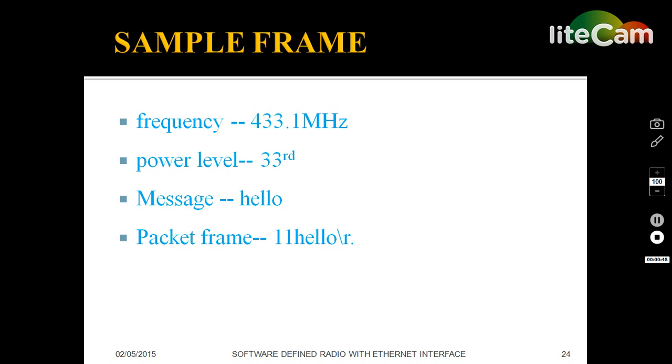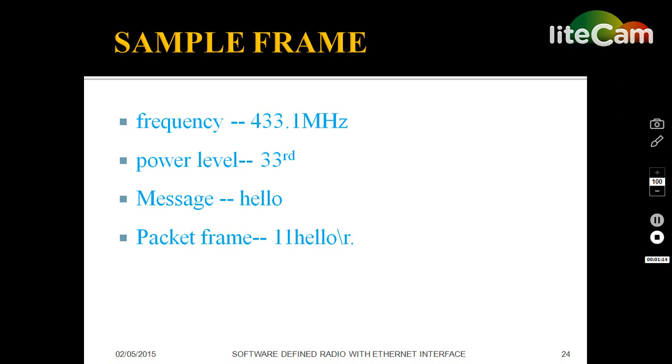Sample frame. If we are taking the frequency as 433.1 megahertz, power level as 33, and message as hello, then the packet frame we have created is 1 hello \r. The first letter 1 corresponds to the frequency value 433.1 megahertz. If we are choosing 433.3 megahertz, then the number will be 2.